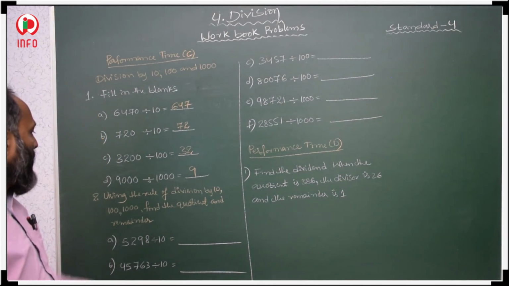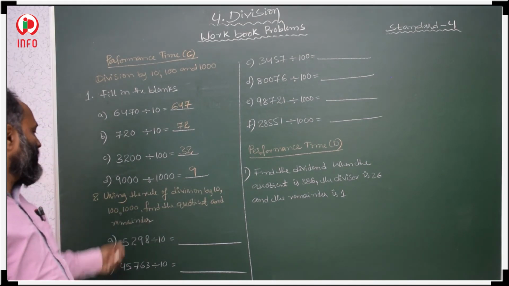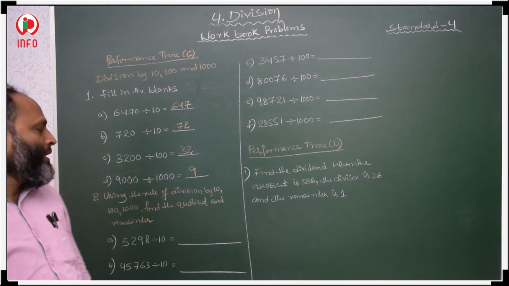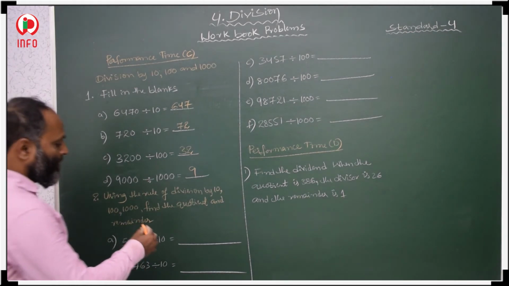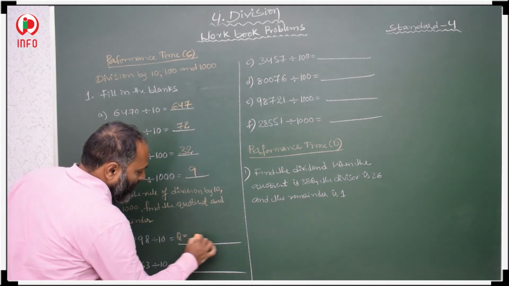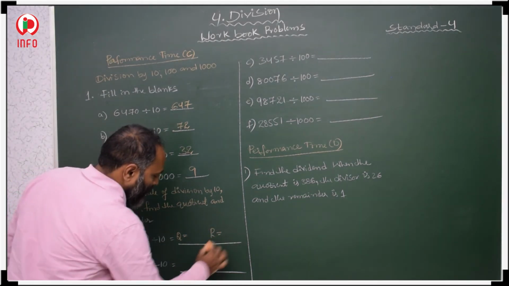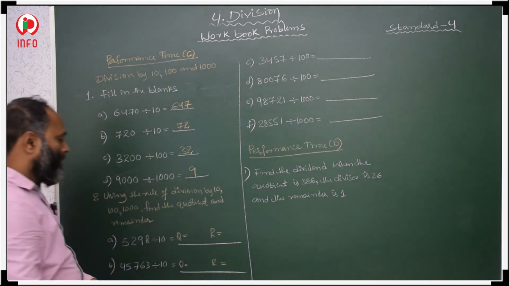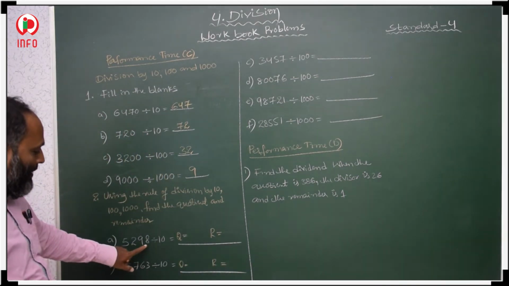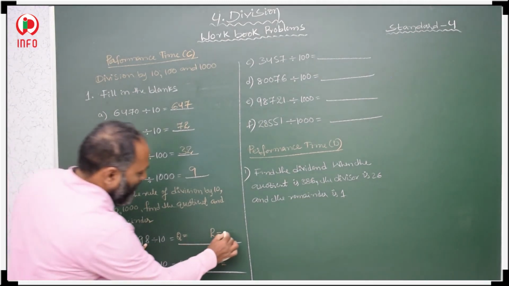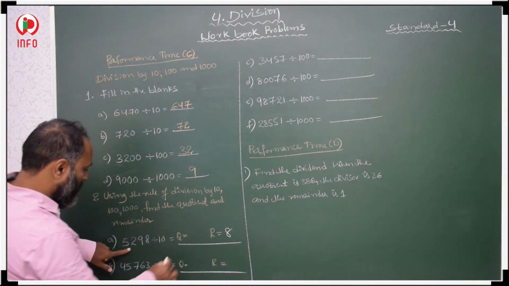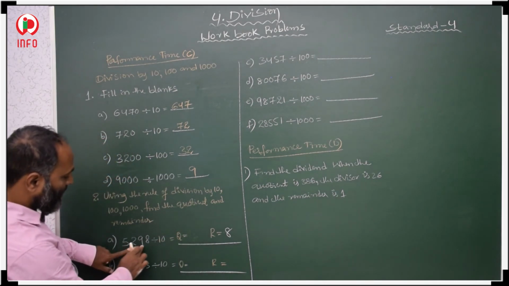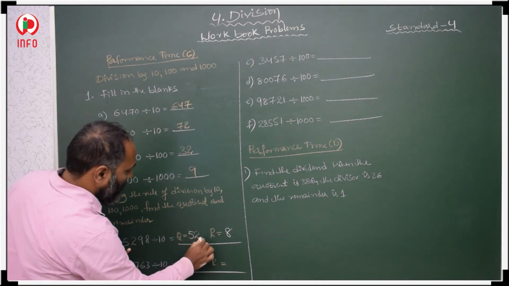Now, using the rule of division, divide by 10, 100 and 1000, and find the quotient and remainder. First we have to write the quotient and also the remainder. What is the quotient and what is the remainder? When we divide by 10, the last ones place is our remainder and the remaining places are our quotient. The remaining places are 529.